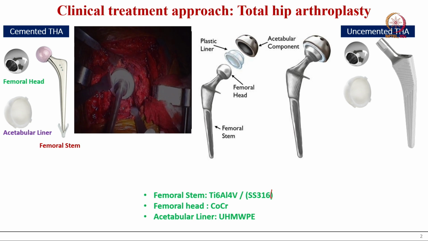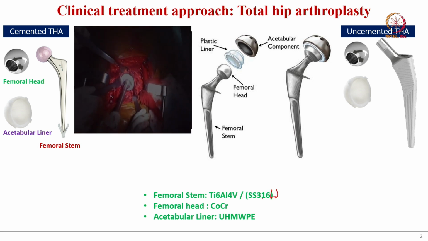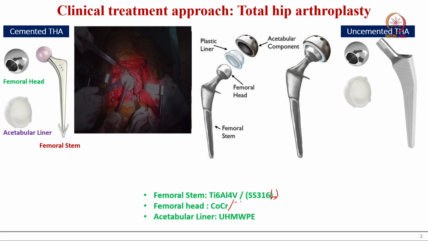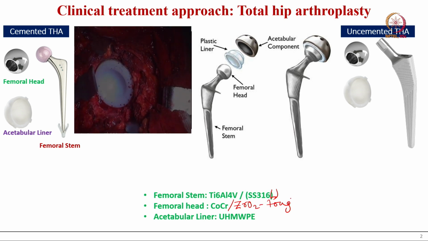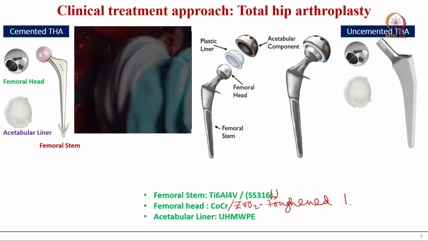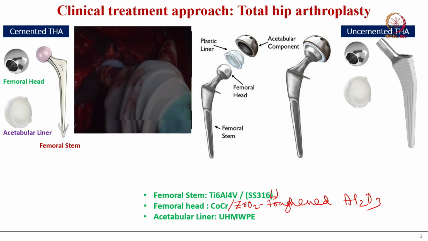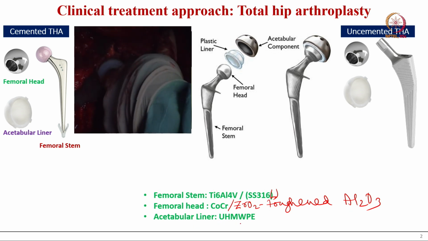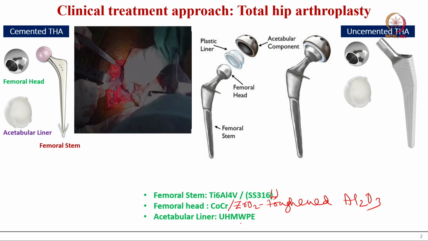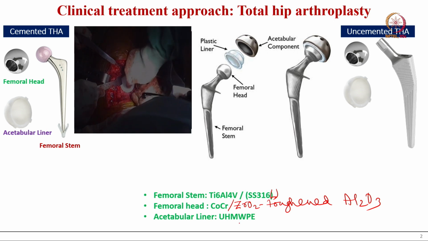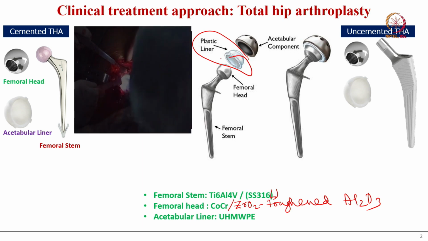This is the stainless steel 316L, and the femoral head can be cobalt chrome or zirconia toughened alumina, and the acetabulum liner is ultra high molecular weight polyethylene. UHMWPE stands for ultra high molecular weight polyethylene. So, this is the plastic liner.